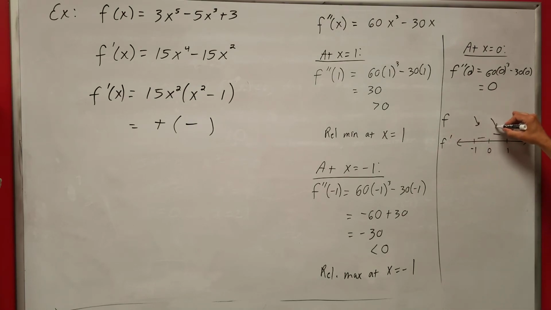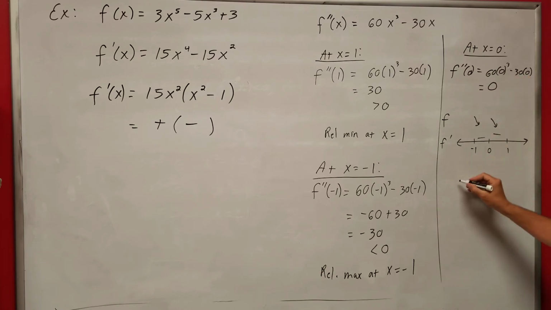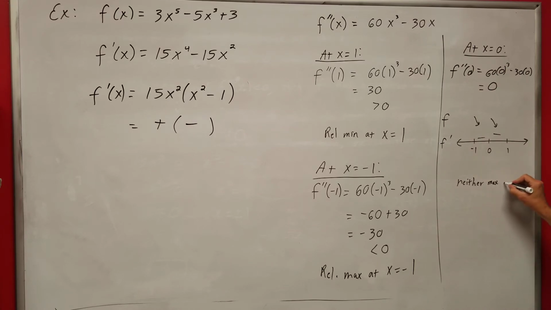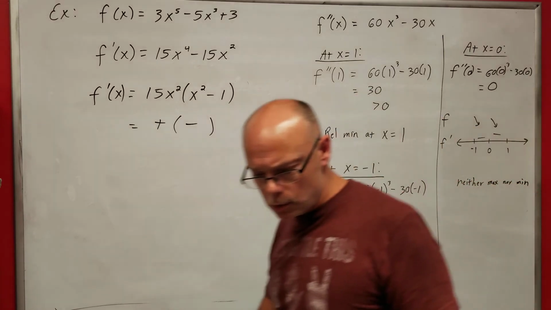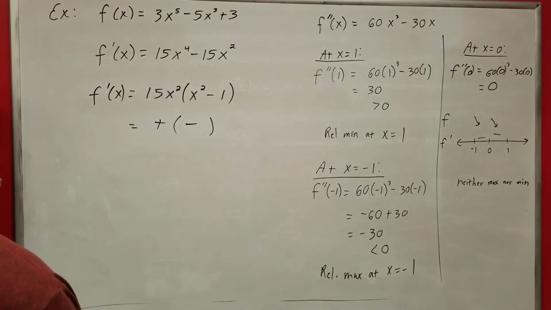It decreases and decreases. So if it decreases and decreases, I don't get a maximum nor a minimum there, right? So at x is equal to 0, neither max nor min here.